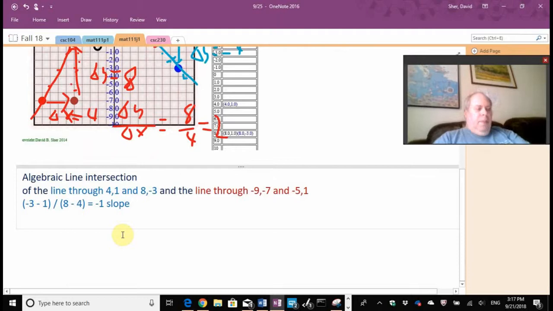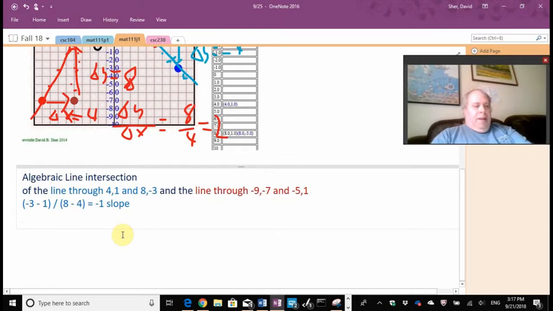Now what I'm going to do is pick one of the points. I'm going to use (4, 1) because it's pretty easy. Then I'm going to find the line with slope -1 through (4, 1).